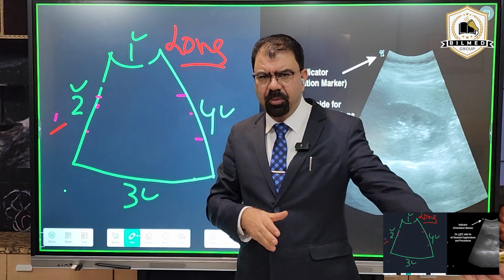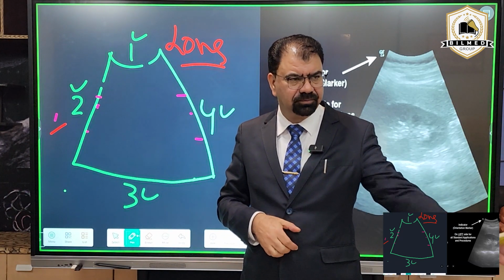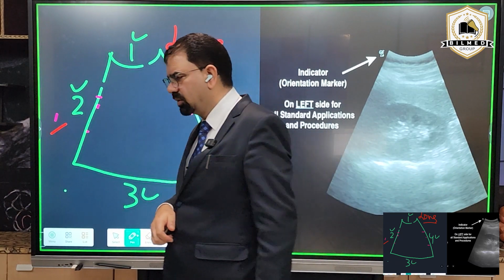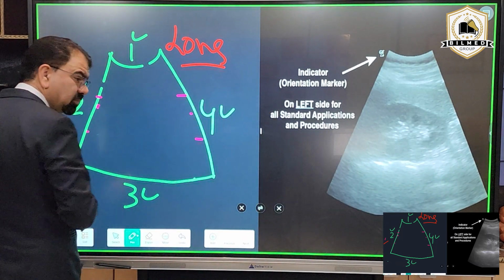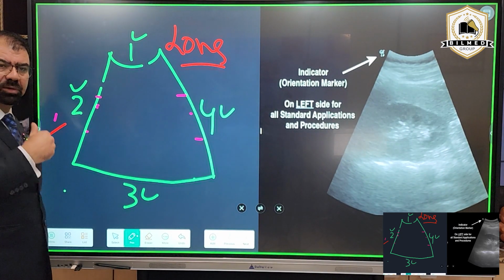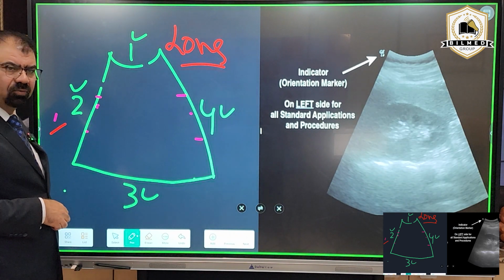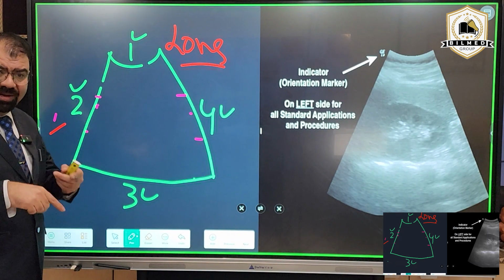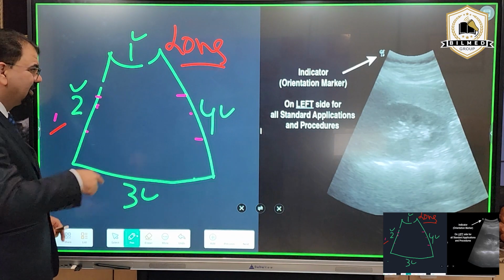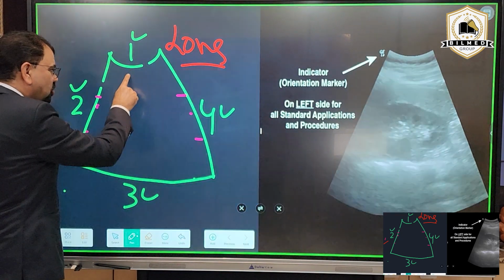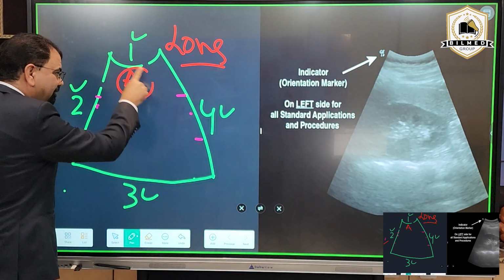Others post in the comment box. You tell me. 1 is anterior. I am getting multiple answers that it will be at 1. Yes. So anterior will remain the same.